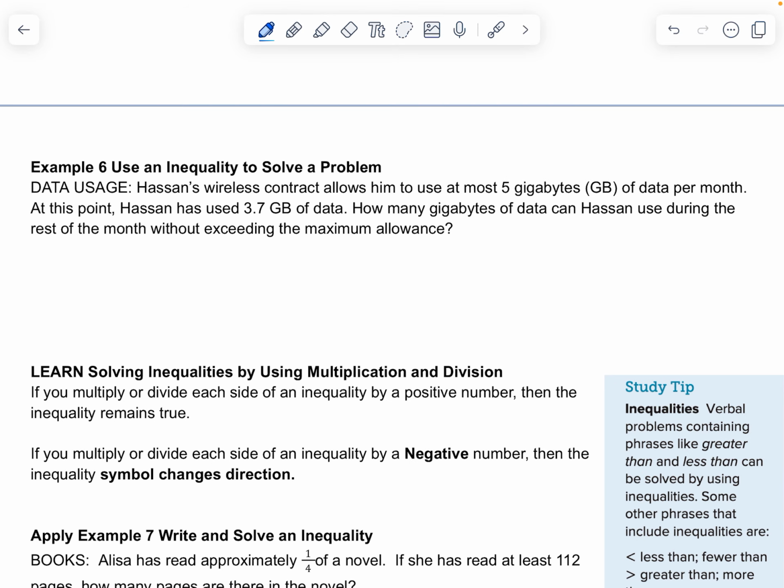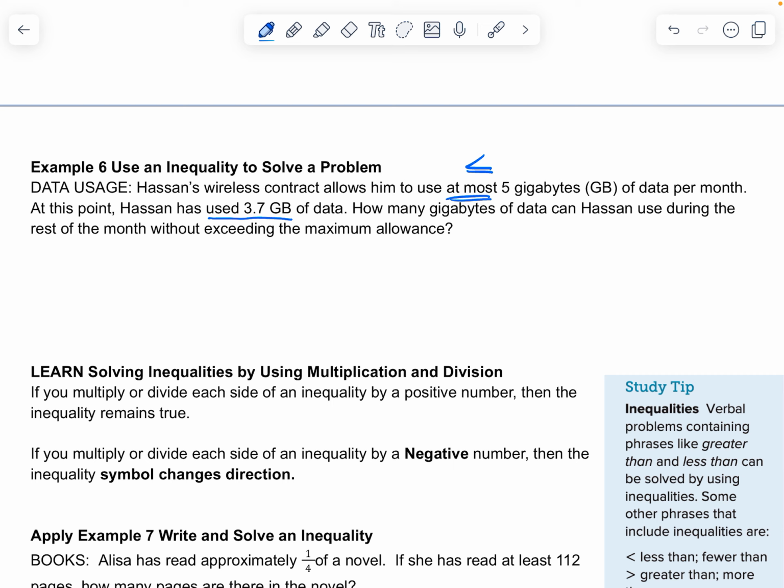Hassan's wireless contract allows him to use at most, so that's going to be less than or equal to, 5 gigabytes of data per month. At this point, he's already used this amount of data. How many gigabytes of data can Hassan use during the rest of the month?